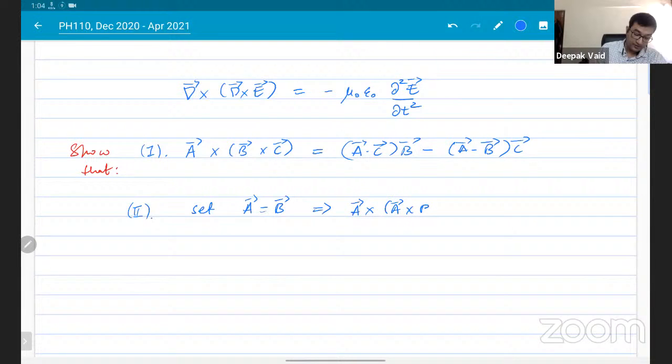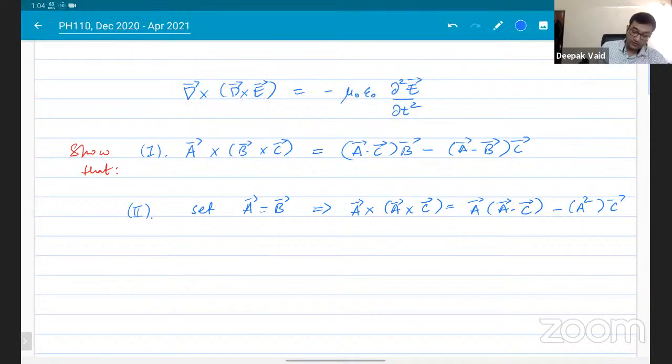I get A cross (A cross C) becomes A times (A dot C) minus A square times C, right? Because B is equal to A, so A dot B is equal to A square. So work out both of these expressions.